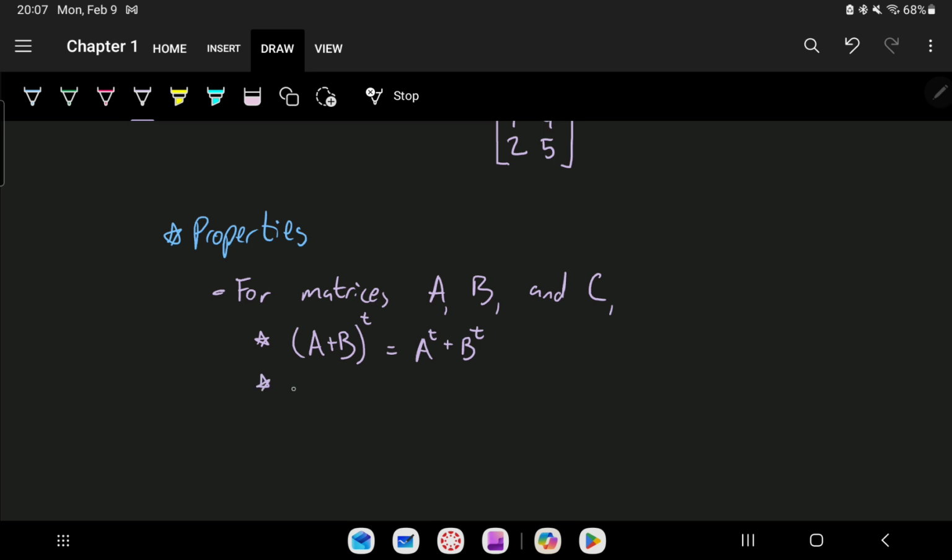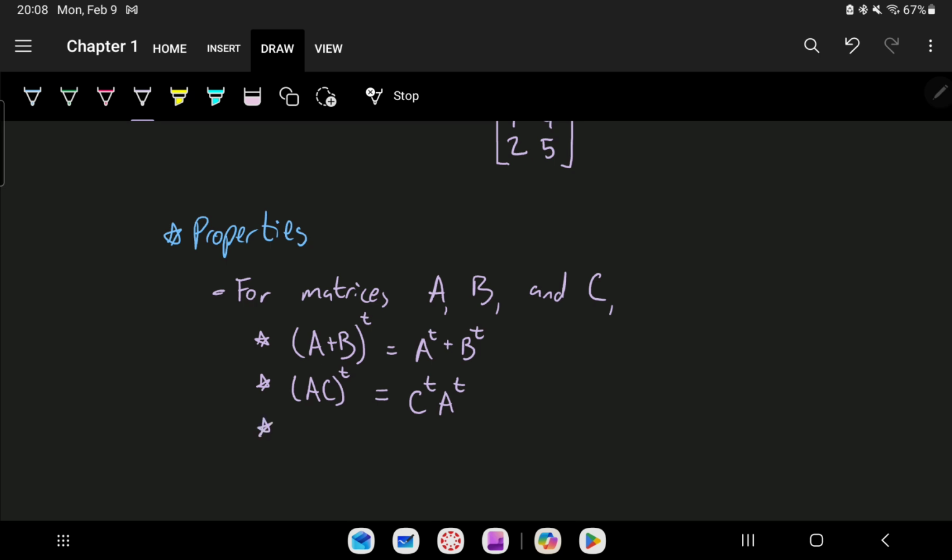Similarly with multiplication. If we put A and C in parentheses with the transpose outside of it, it's going to be a little bit different this time. I want you to notice that the result is not going to be A transpose times C transpose, but the opposite: C transpose times A transpose. So that's going to flip.